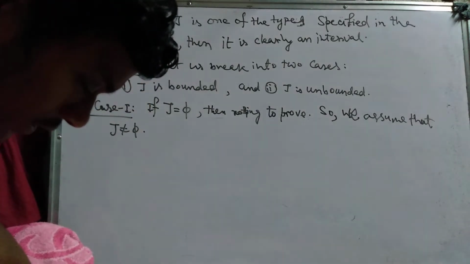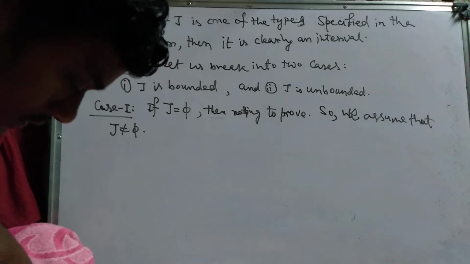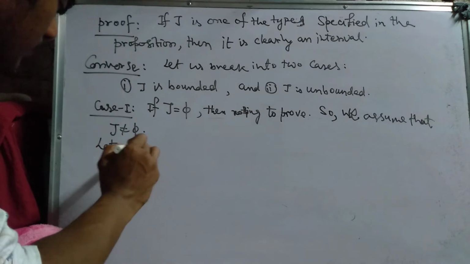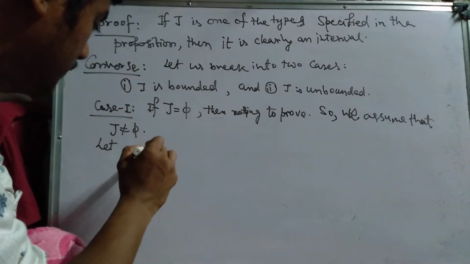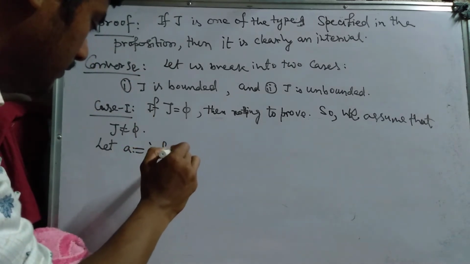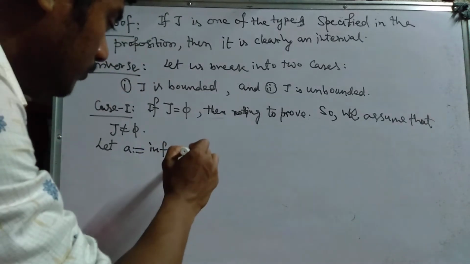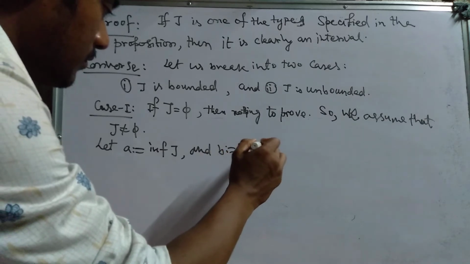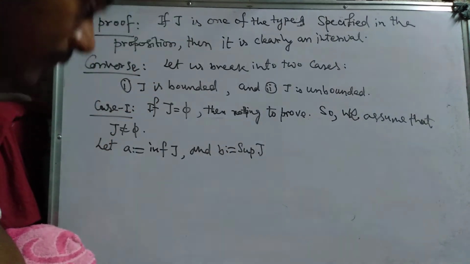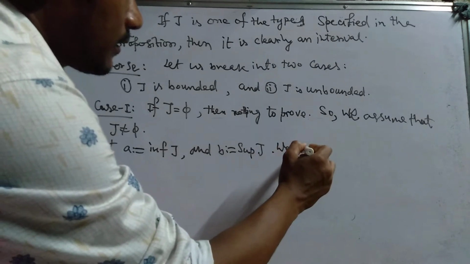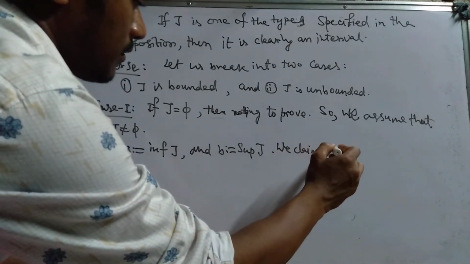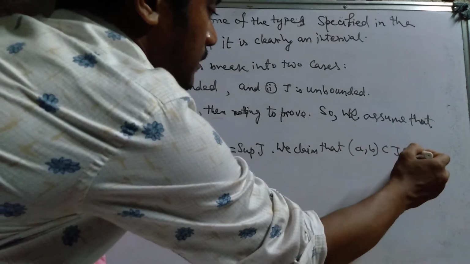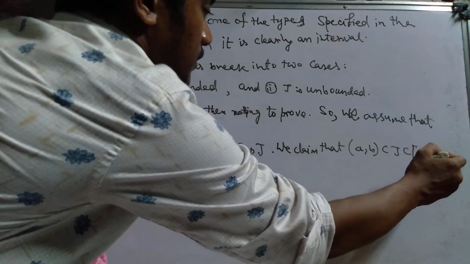Now start with this. Let a equal the infimum of J and b equal the supremum of J. We claim that open (a, b) is a subset of J, which is a subset of closed [a, b].